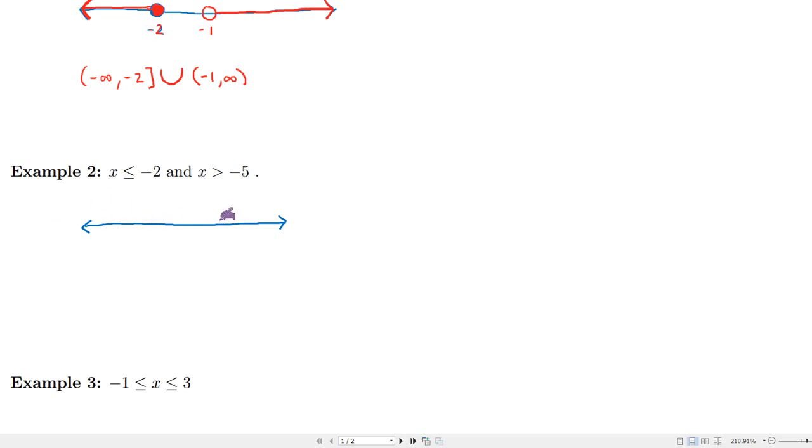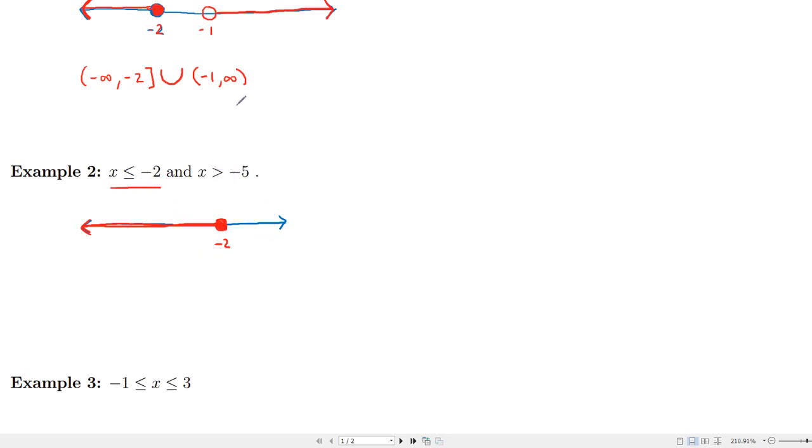So just maybe quickly check what values you're going to be plotting there. So -2, this is going to be a filled-in circle because we're including -2, and x is going to be less than or equal to this. So that's this region over here. Okay, so that's the red.